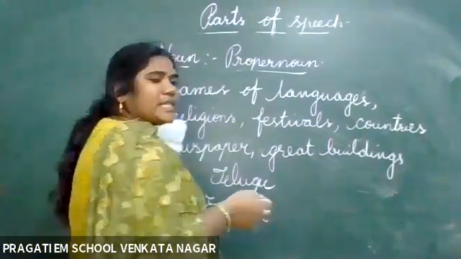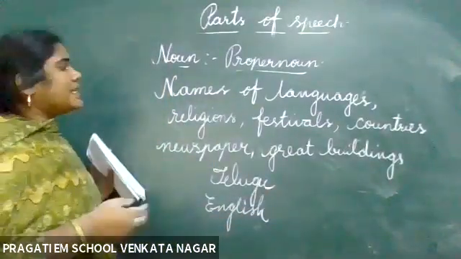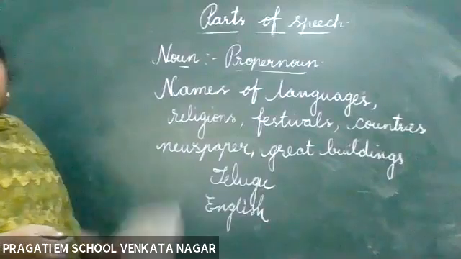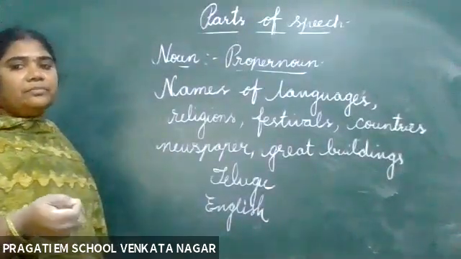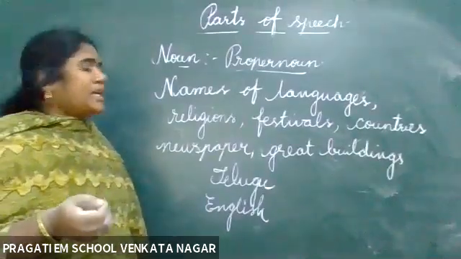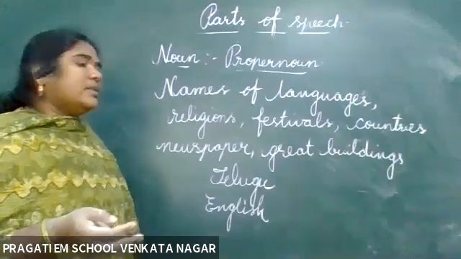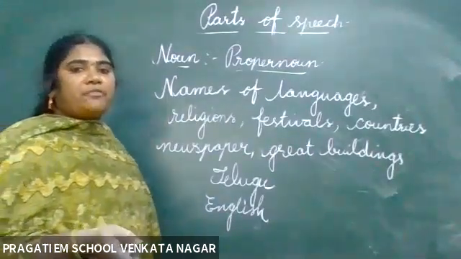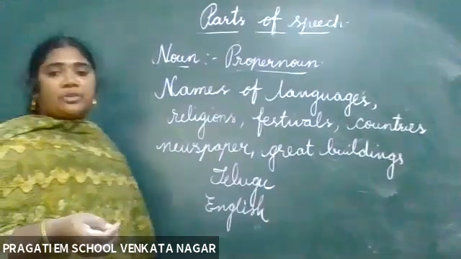Neighboring countries like Pakistan, Afghanistan, Bangladesh, Nepal, all these are countries. Next, newspapers like Indian Express, Enadu, Sakshi, Deccan Chronicle, Times of India.